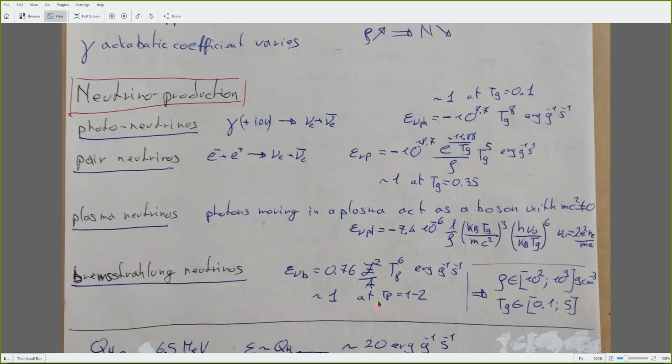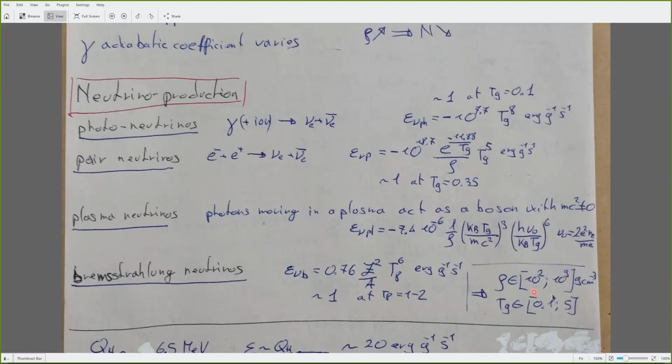With this formula and in this range, 100 to 200 million Kelvin, epsilon is almost on the order of 1. Also here it's a minus, obviously, because neutrino is energy you're losing.